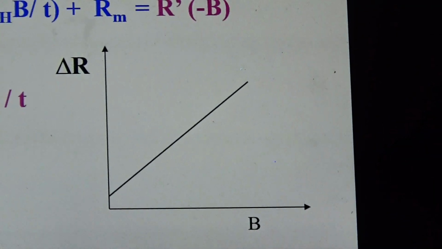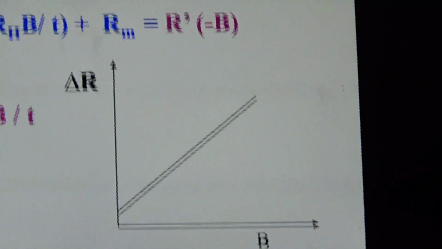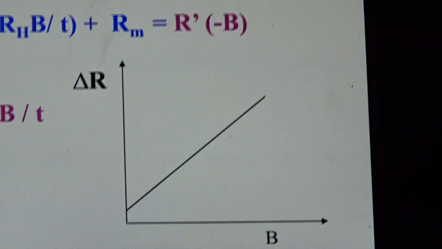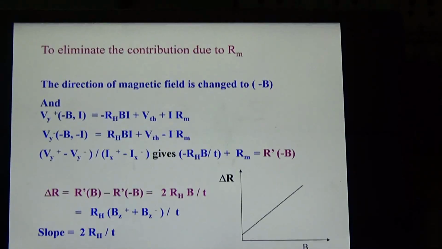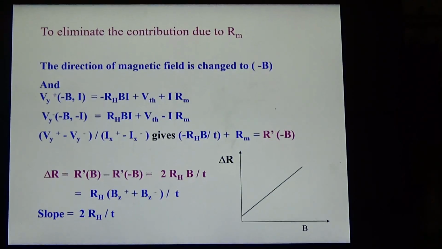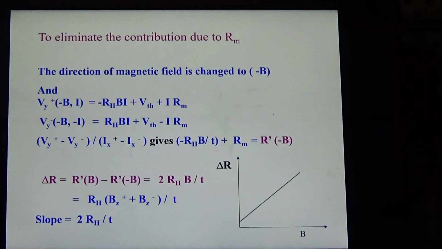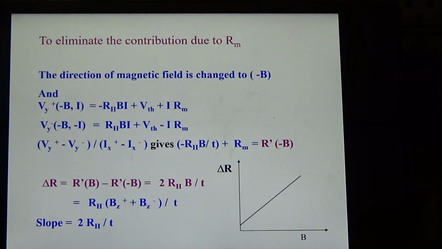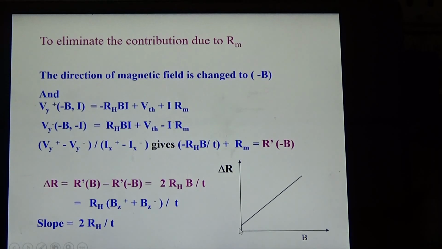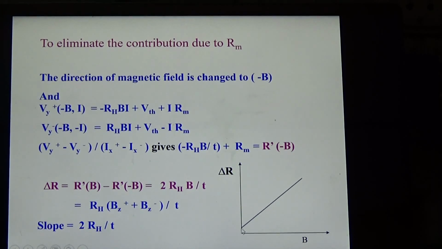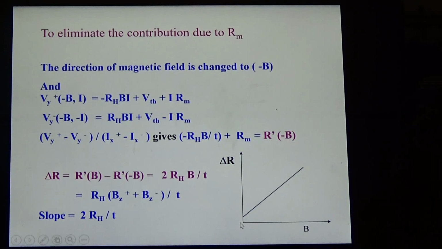That means the two probes that we are using to measure the voltage in the y direction are not on an equipotential surface. If there is any offset between these two, the corresponding resistance gives rise to a voltage between the two points, which is called the offset voltage. So the intercept on the y-axis tells you the offset voltage that you have.